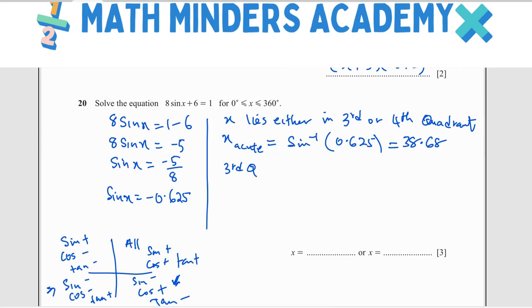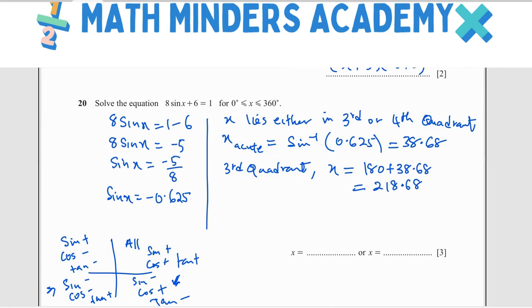So for the third quadrant, we are going to have the value of x to be 180 plus 38.68, and that is going to give us 218.68.